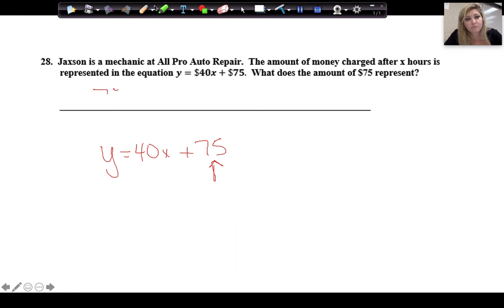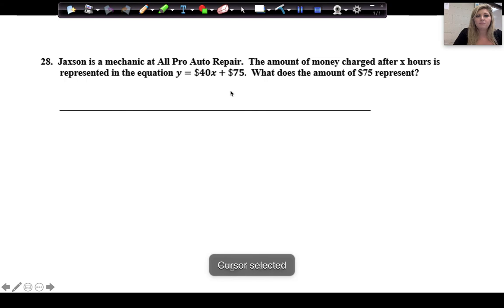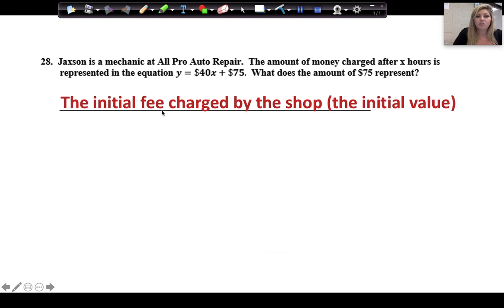75 represents our initial amount, initial value. Something along those lines. The initial fee charged by the shop, which is the initial value, or the initial amount.